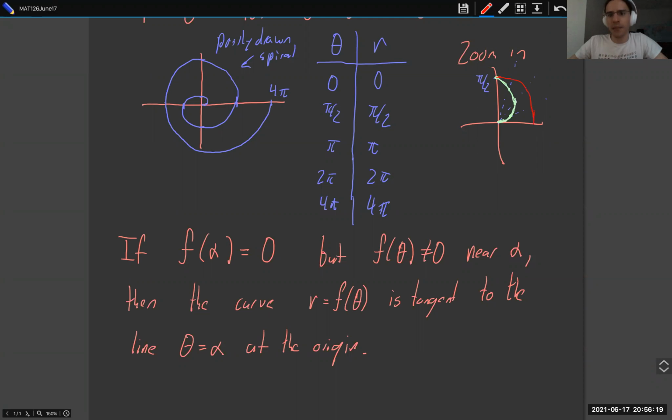Okay, this is my attempt to draw a quarter circle of radius pi over 2. It's a bad attempt. So this is half of the angle, right? This is half of this angle. So this point should be halfway along this line. This is a quarter of this angle. So it should be quarter way along this line, right?